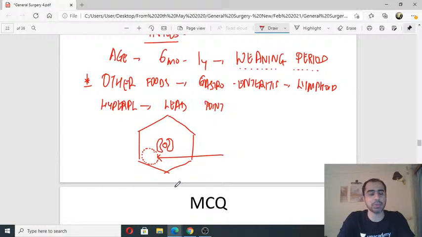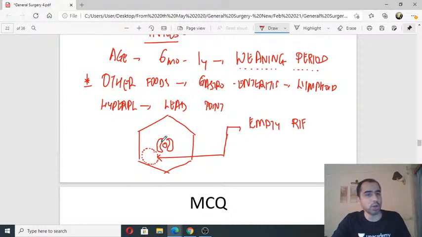So the child presents with a sausage-shaped lump paraumbilically, but there is something that you see in the right iliac fossa. What is that? When you palpate in the right iliac fossa, very good. What is that called? The right iliac fossa is empty. Probably the intussusception has pulled the cecum medially. What is that called? Empty right iliac fossa.